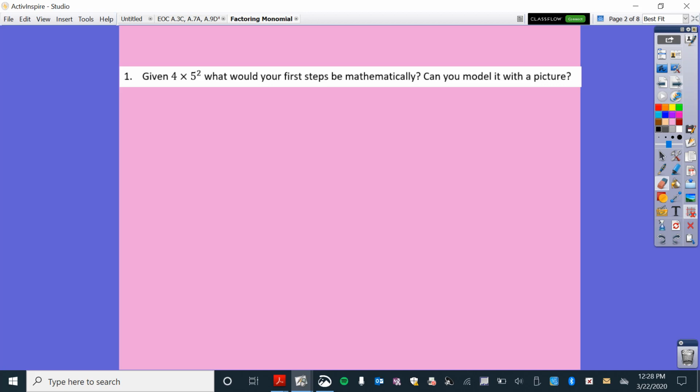Okay, so we're just going to answer, and then it says, what can you model, and can you model it in a picture? So we're just going to answer this first question first. What would your first steps be mathematically? So if we look, you've heard of it since junior high, something called PEMDAS.